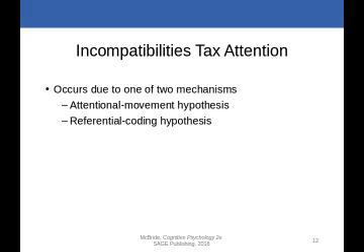One of the mechanisms that's been speculated to underlie the Simon effect is the attentional movement hypothesis. What the attentional movement hypothesis says is that the shift in attention that you have to make to a target on the left or right of your attentional focus biases you to want to respond on the side of the attention shift.